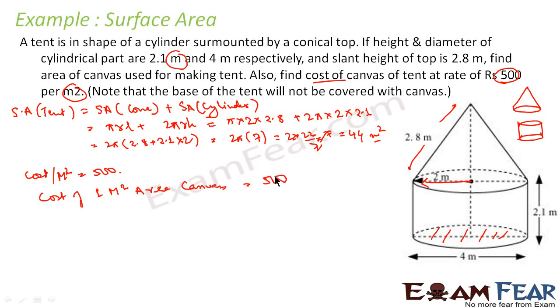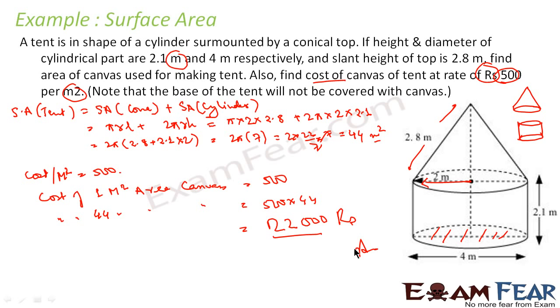Therefore, the cost of 44 meter square area of canvas becomes 500 into 44, which is 22000. Since it is in rupees, we'll say rupees, and that is my answer.